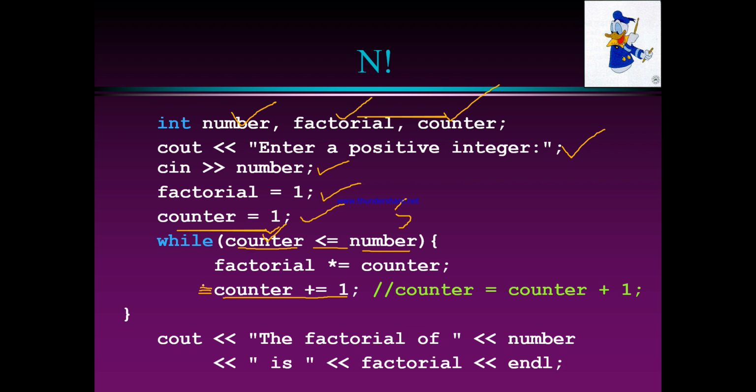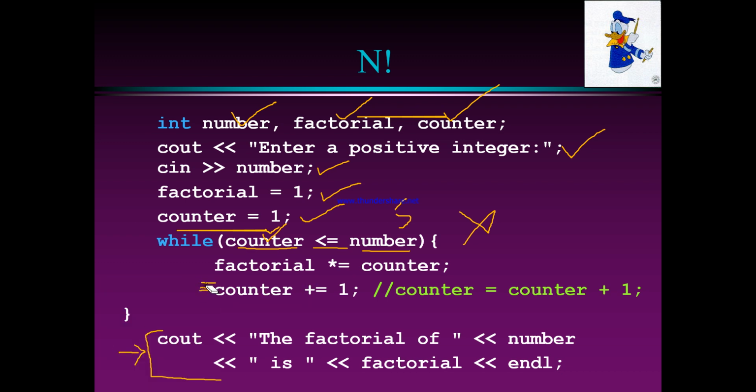Yes, and then it will be updated again to 5. So 5 is less than or equal to 5? Yes, and then again the counter will be updated to 6. So 6 is less than or equal to 5? No. So when the condition becomes false, what will happen? The execution will jump out of the while block and these statements will be executed.